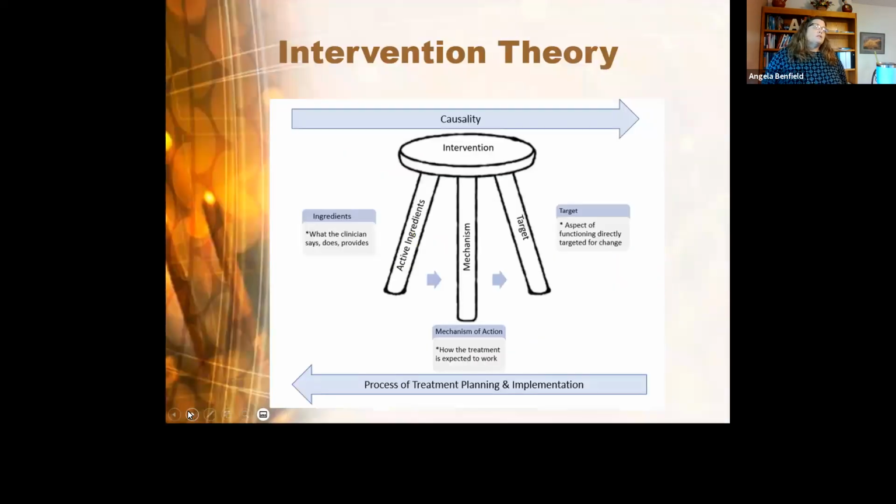When one looks at one's causal model, they identify factors that influence the outcome. On the flip side, it's intervention theory, which helps them identify and link specific interventions to the factors that it affects. In intervention theory language, the factor that influences the outcome is called the mechanism. The target is the outcome that you would like to change.